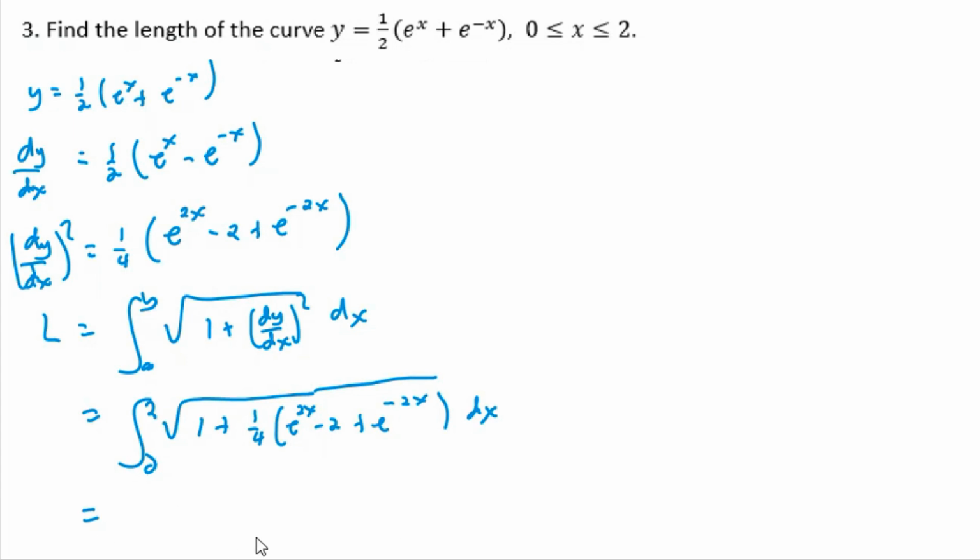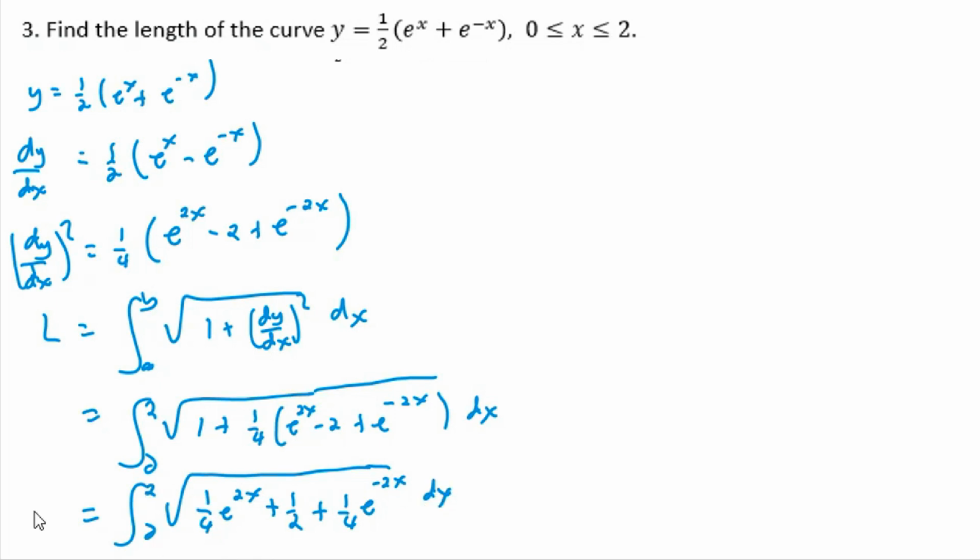So simplifying further the integrand, we have the integral of the square root of 1/4 of e raised to 2x, and then 1/4 times negative 2 is negative 1/2, plus 1/2 will give us positive 1/2, and then 1/4 times e raised to negative 2x. So I can just write 1 plus 1/4 of e raised to negative 2x of dx from 0 to 2.